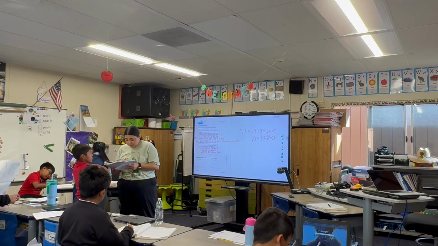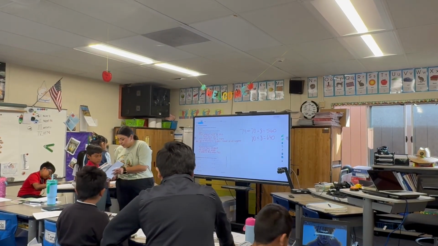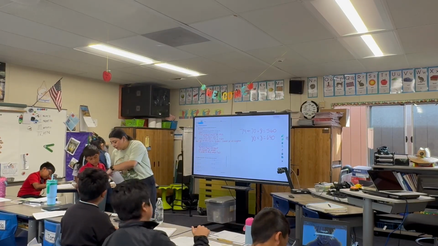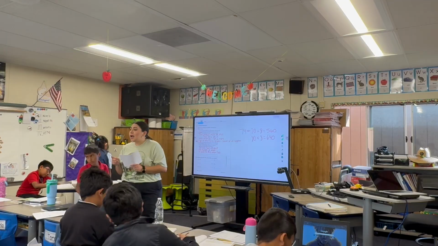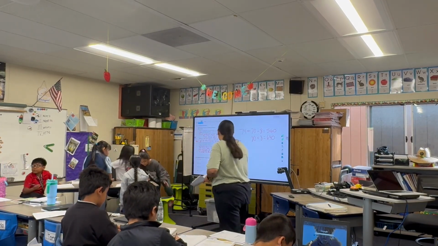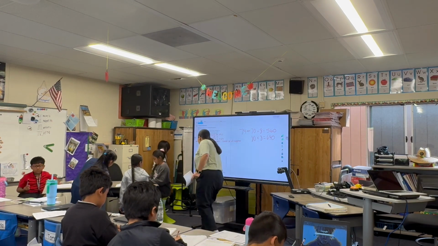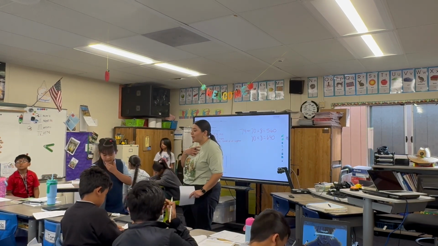Show me the estimate though. You estimated the first number, so you have to show me what you rounded to. You would have to say 3 times 50 with the multiplication. I'm sorry, I wasn't clear about what we're doing down below, and I need to clear that up for you.